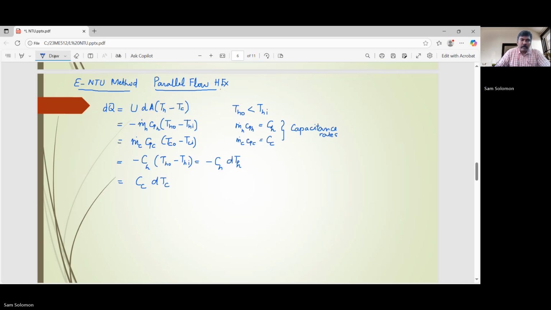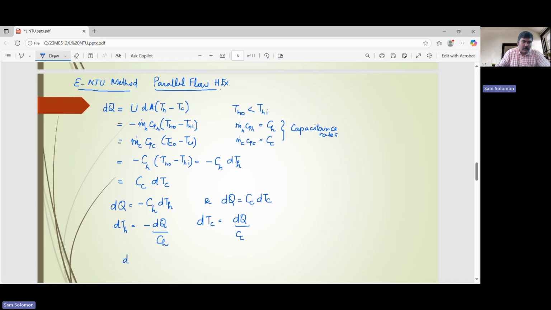So now dq is minus CH times dTH, and dq is also CC times dTC. So dTH can be written as minus dq divided by CH, and dTC can be written as dq divided by CC.